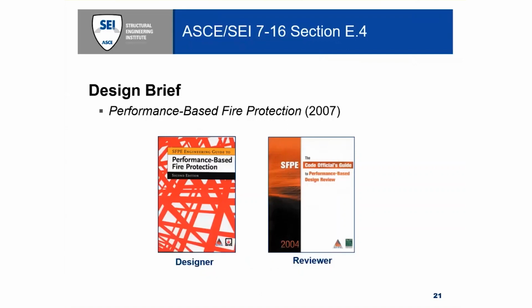In all cases, discretionary performance objectives should be agreed upon at the outset of the project by all stakeholders, and this agreement should be memorialized in what's referred to as a design brief document. In fact, composition of a design brief should always be the first step of a structural fire engineering design, before any pencil to paper in terms of calculations.